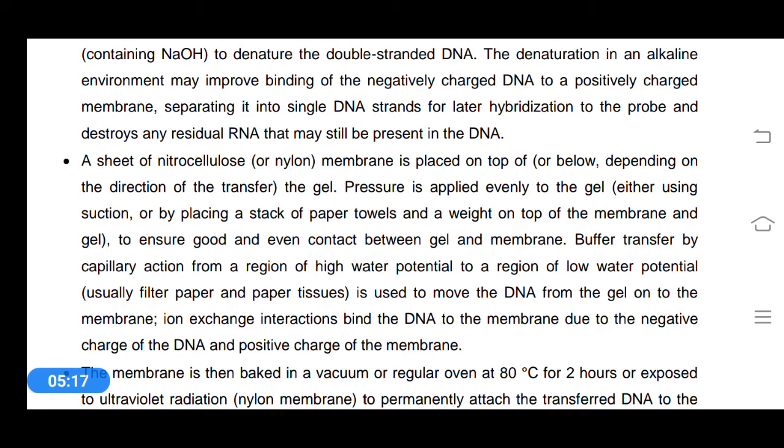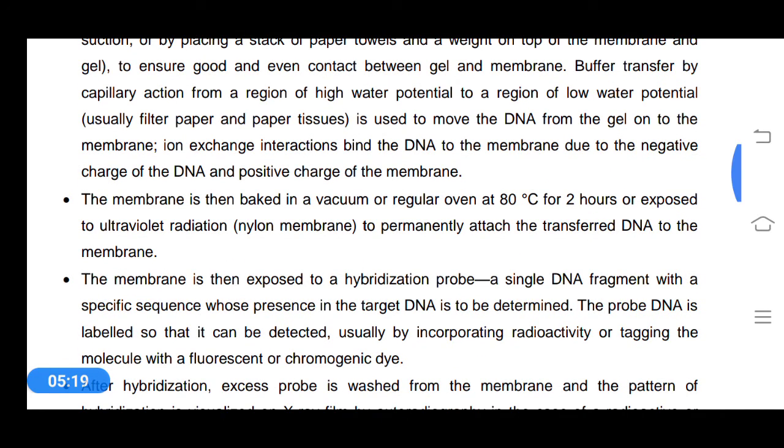Now we bake the membrane. We bake the nitrocellulose membrane to attach the DNA fragments or DNA bands onto the membrane, in the oven at 80 degrees centigrade for 2 hours.